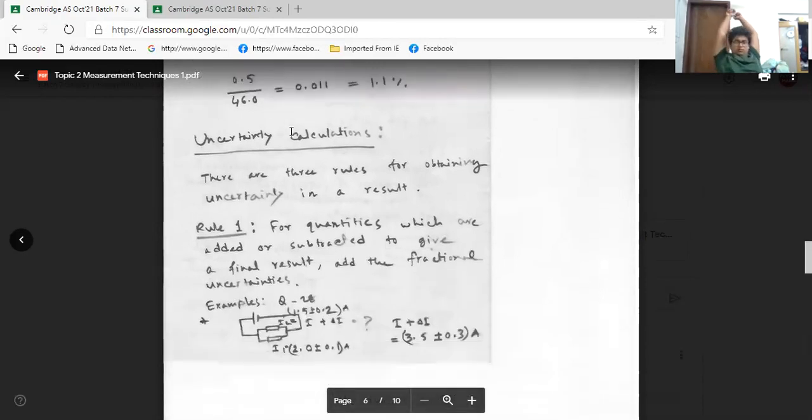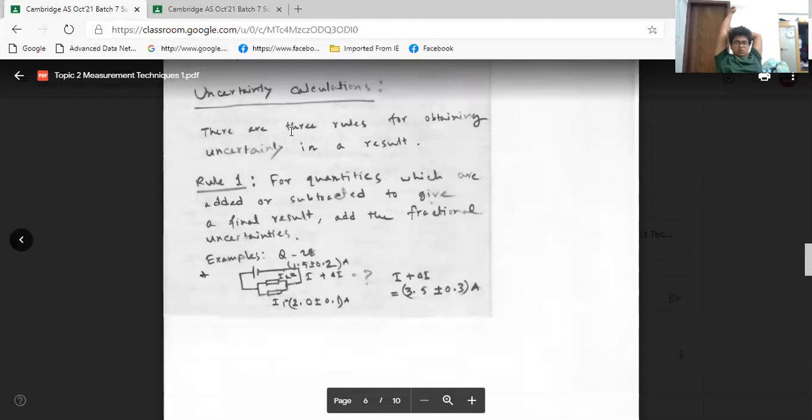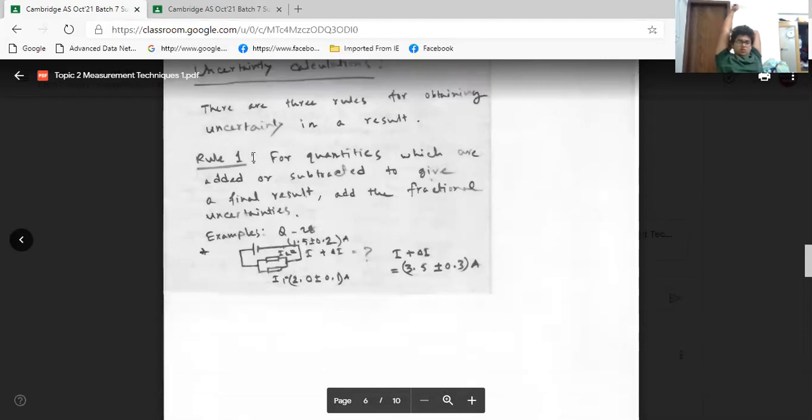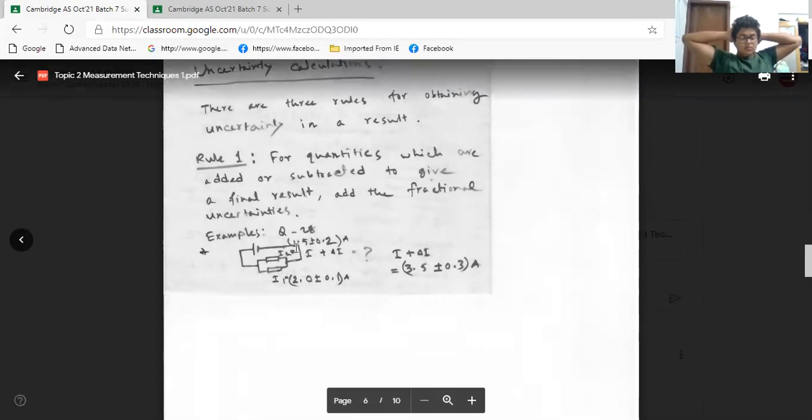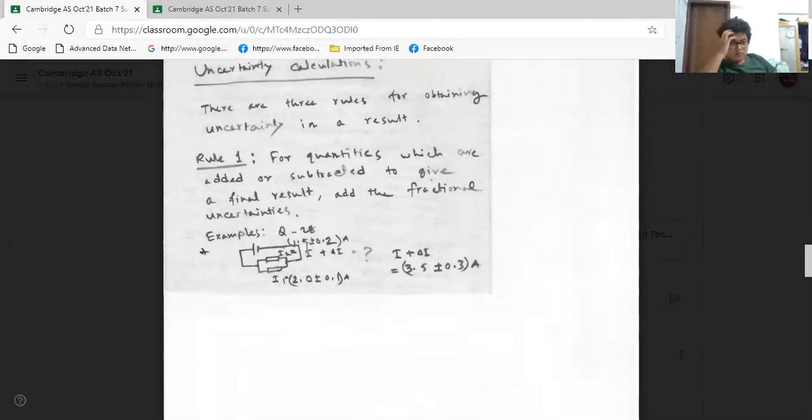So what is the first rule? Can you read this first rule? So for quantities which are added or subtracted to give a final result, add the fractional uncertainties. Okay, look here, we have 1.5 plus 0.2, right?